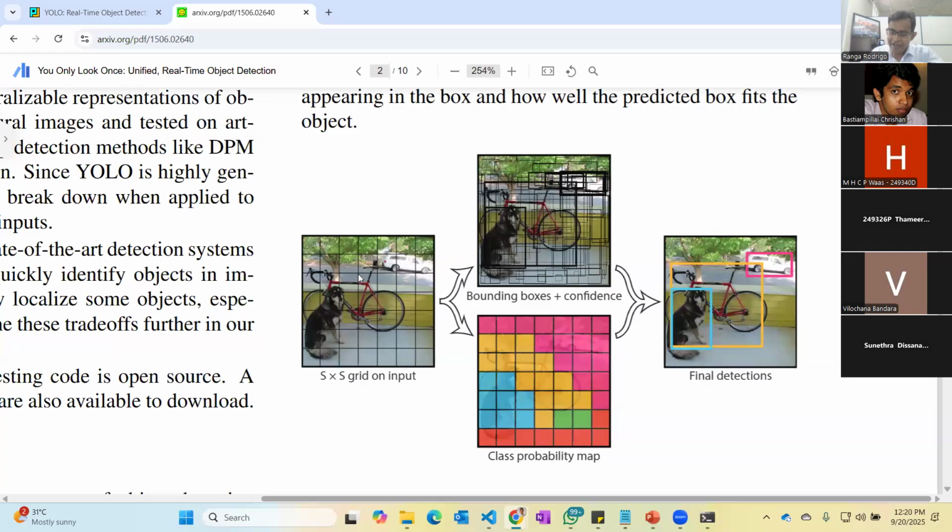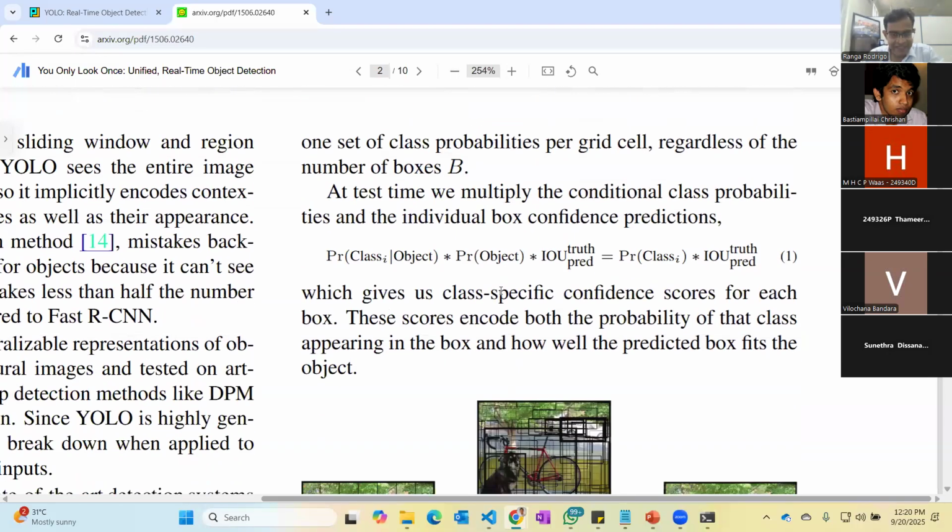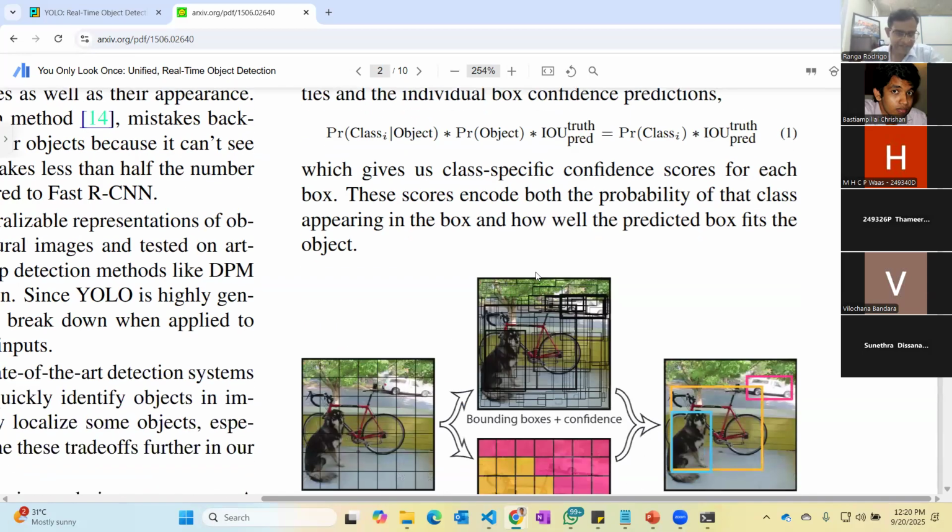So you can see it has 7 by 7, 49 cells. Each of the cells will have a class with the highest probability. Regardless of the number of boxes, that means at each cell they look at two boxes, we said, but independent of that, they predict only one class per cell.